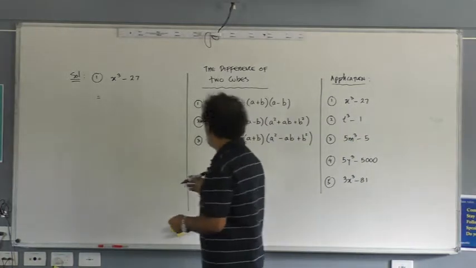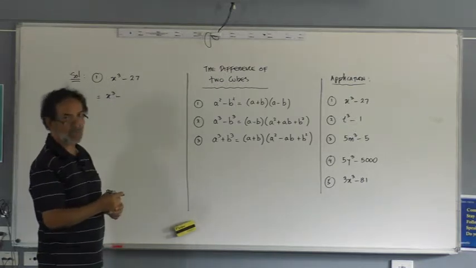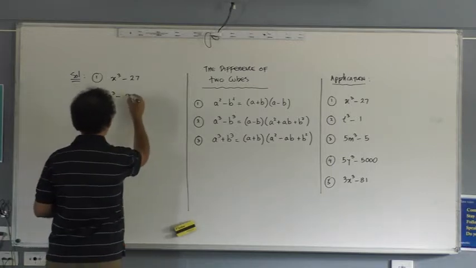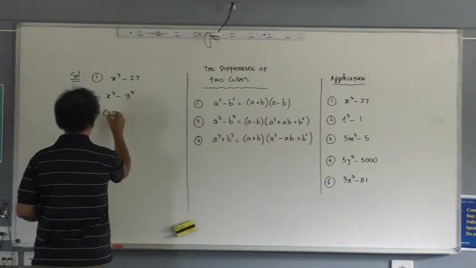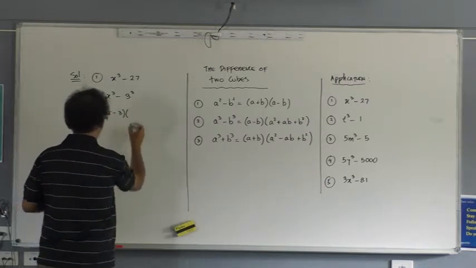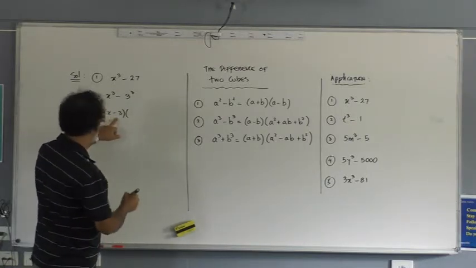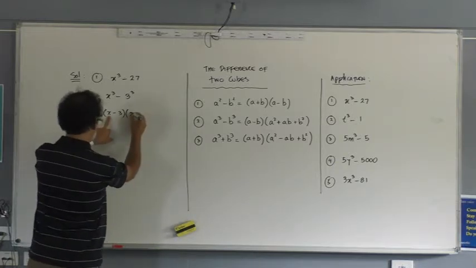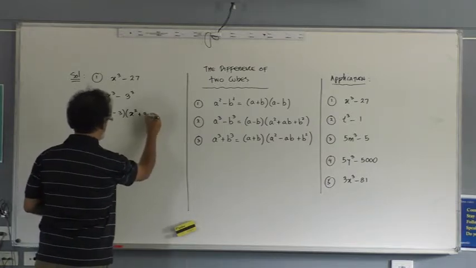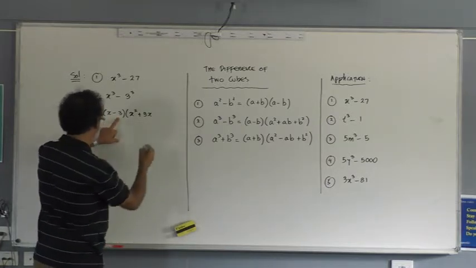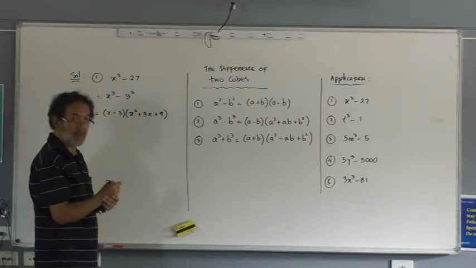It's x cubed, and then you find the cube root of 27, which is 3, so you put 3 cubed. Then you use the formula: x minus 3, and inside you square the first term, then plus the first by the second, which is 3x, and then square the last one, which is plus 9. That's all you have to do. Easy enough?